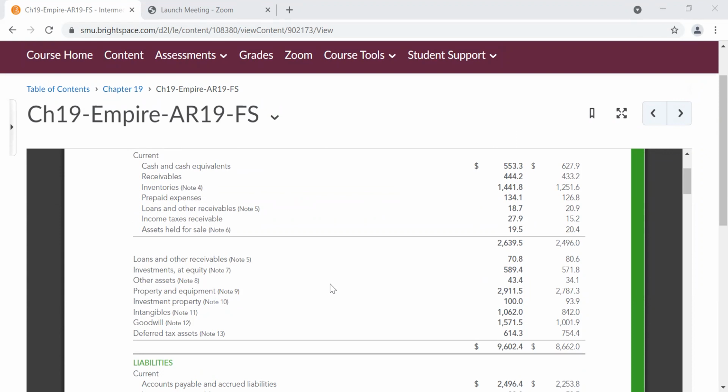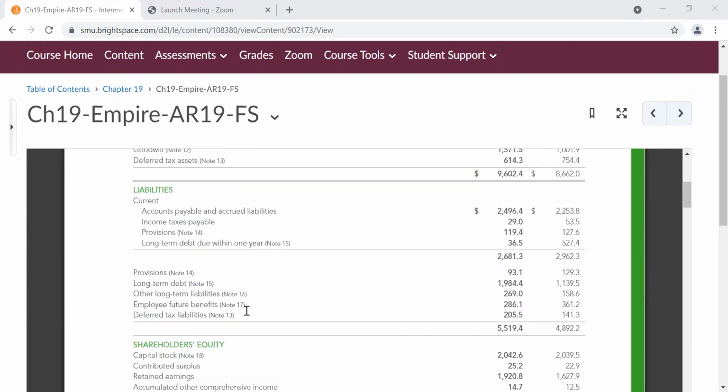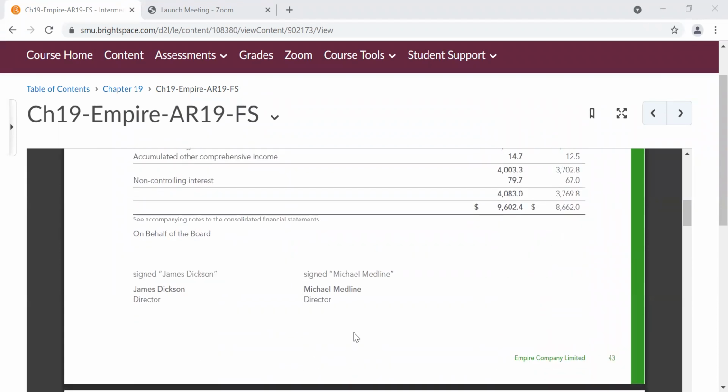Oh no, on this side. So they actually have this employee future benefits, that this is the net defined benefit liability of $261.1 million. So that's that.